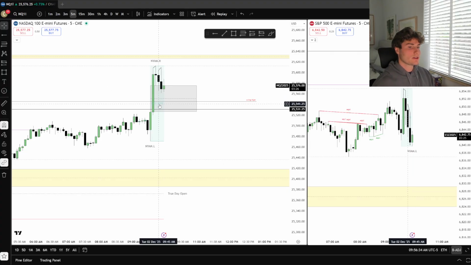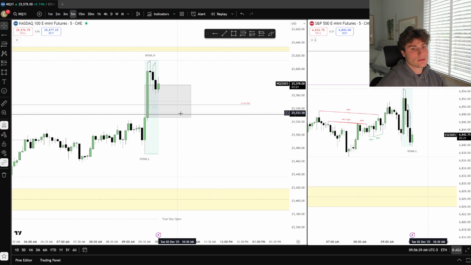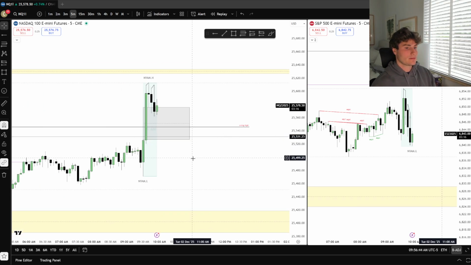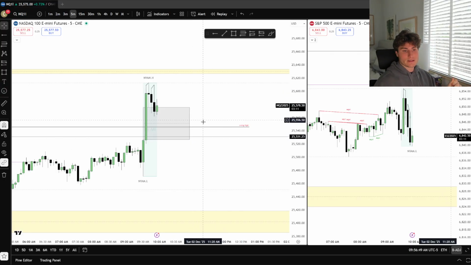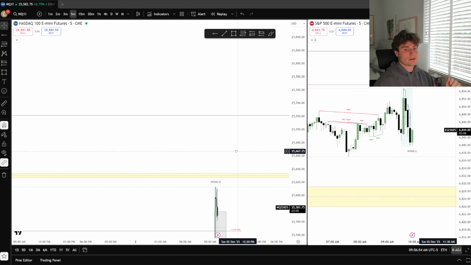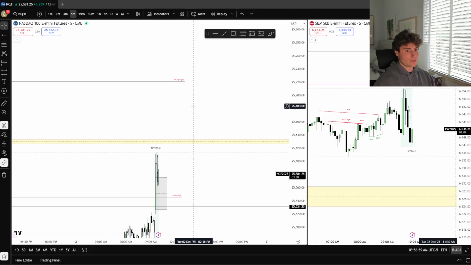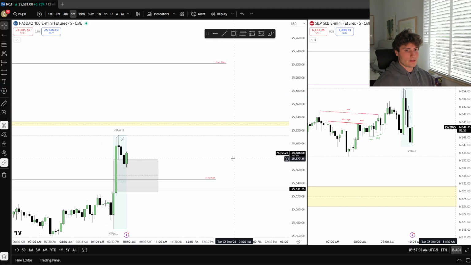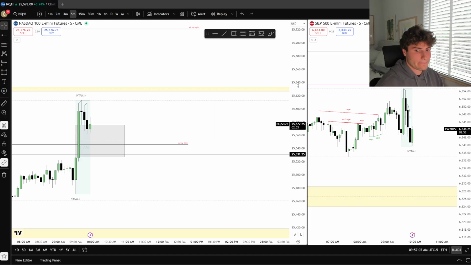If this 5 minute candle closes below this 4 hour fair value gap, then I have so much conviction in shorts. But if it closes above, then I will happily long up to these 4 hour equal highs, if we inverse this 4 hour. So let's see. Got like 2 minutes till 10 a.m., 3 minutes.